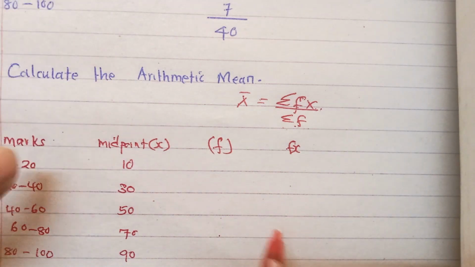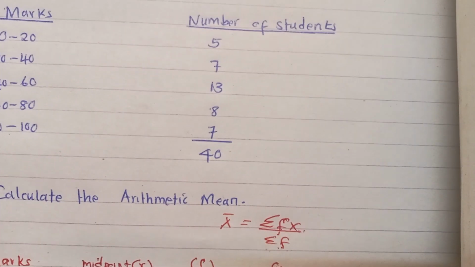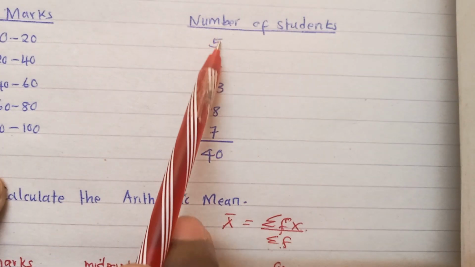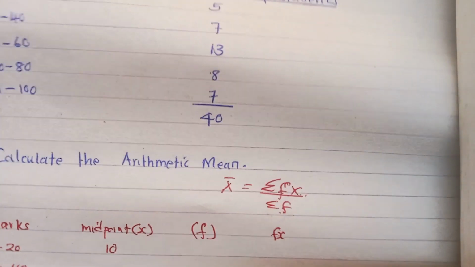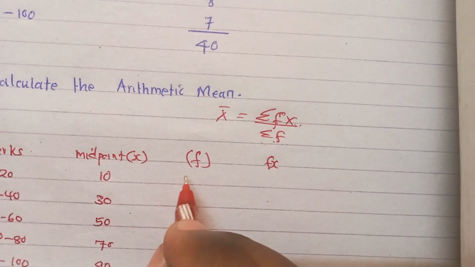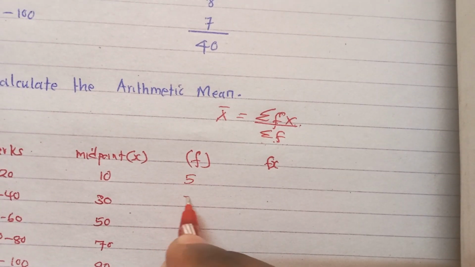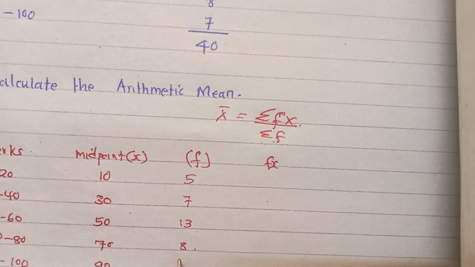Then on the frequency column, you list all the numbers of students that you have been given in the question. Here we have 5, the second one is 7, then 13, after 13 we have 8, and the last one is 7.